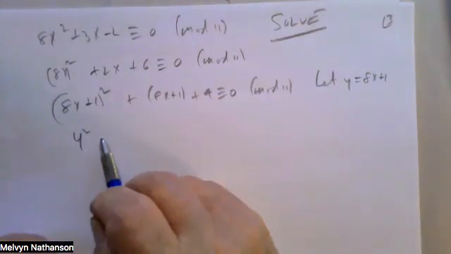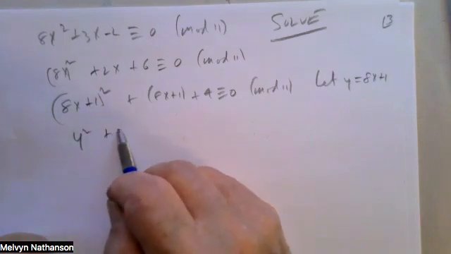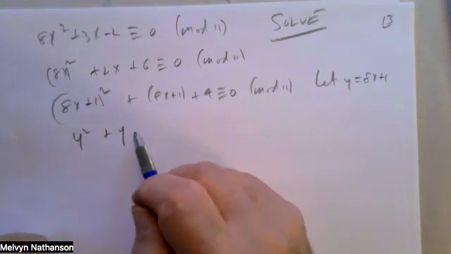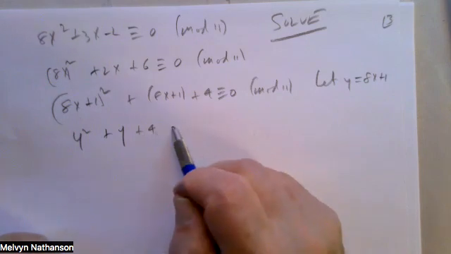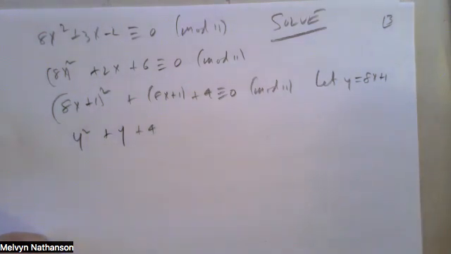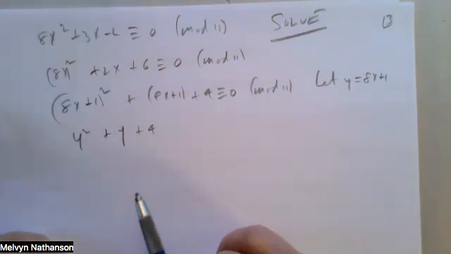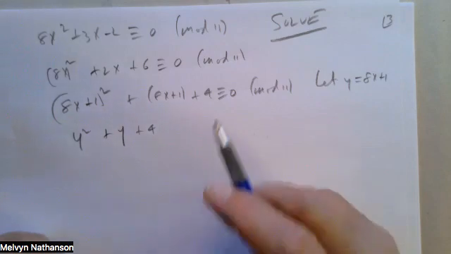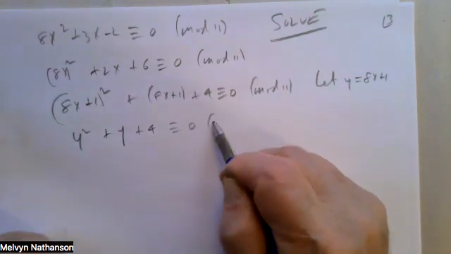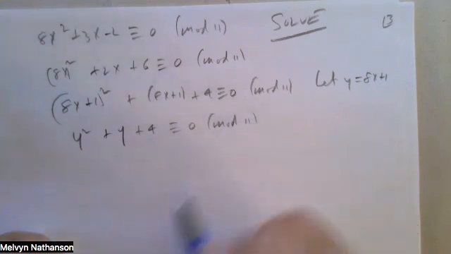So this is y squared plus y plus 4 congruent to 0 mod 11.